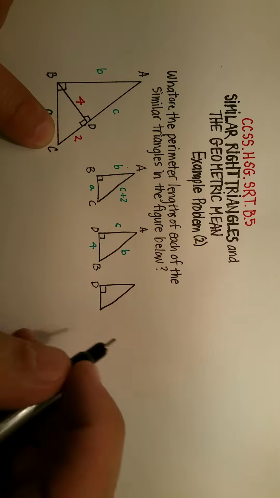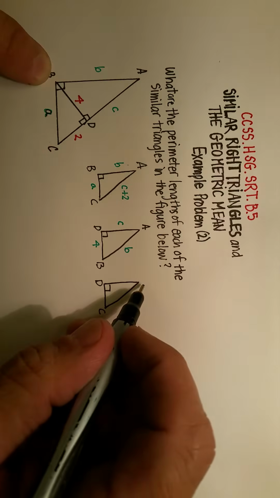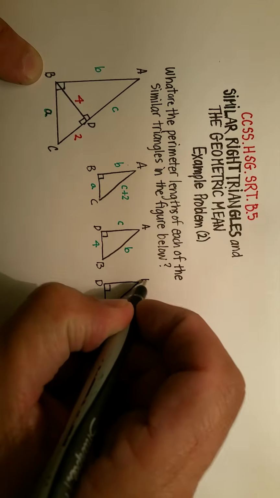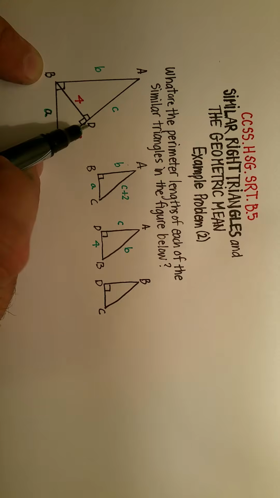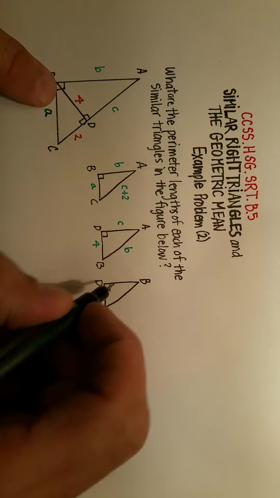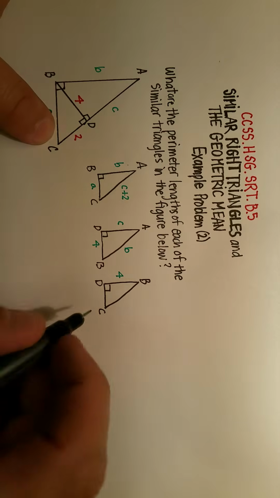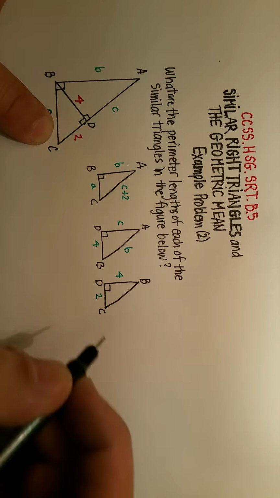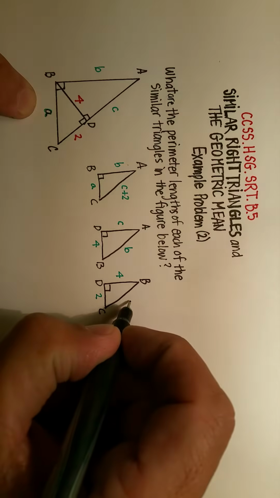If we go down the short length, that would be C. If we go down the hypotenuse, it would be B. Labeling each one of those again. Between B and D, looks like the length was 4. Between D and C, the length was 2. And between B and C, the length was A.